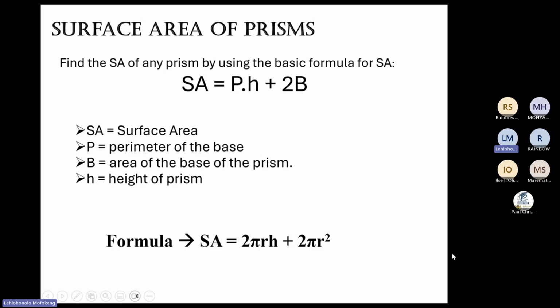So in this case, we are given the formula that we use to calculate any prism. We can use the formula surface area is equal to P times H plus 2B, where SA represents surface area, P represents the perimeter of the base of any prism, B represents the area of the base of the prism, and H represents the height of the prism.